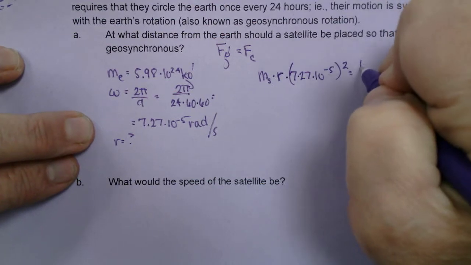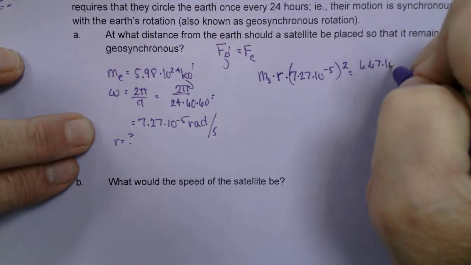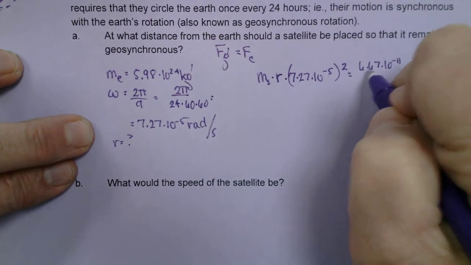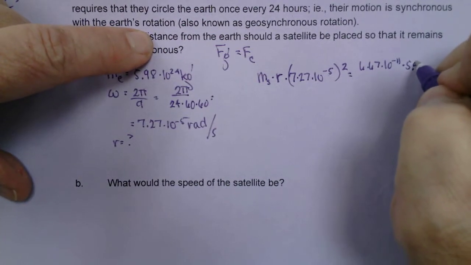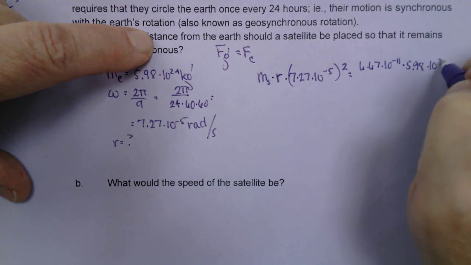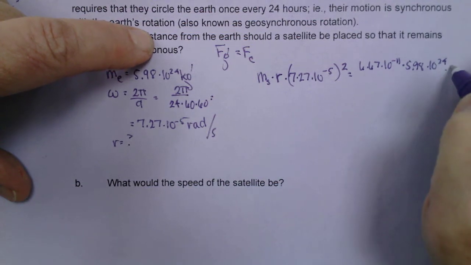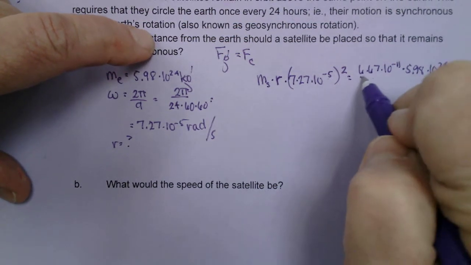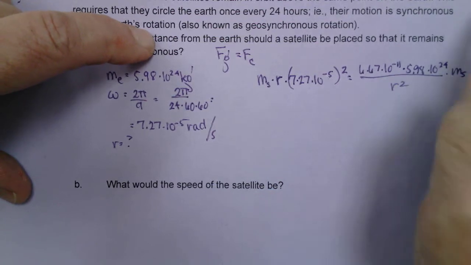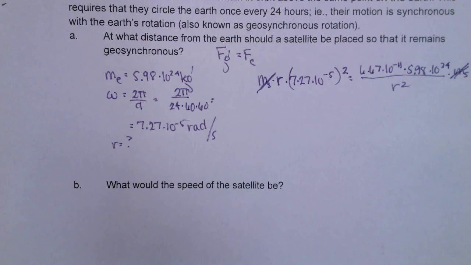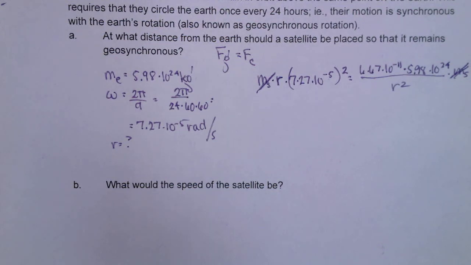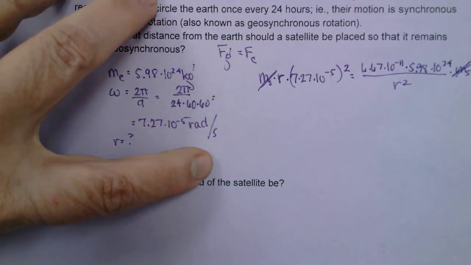Is equal to G, 6.67 times 10 to the negative 11, times the mass of the Earth, which is 5.98 times 10 to the 24th, times the mass of the satellite, all over R squared. Well, let's see, that's taken care of. Oh, look, I have only one variable left. All I needed was to find the mass of the Earth and to find the angular velocity. The rest takes care of itself.